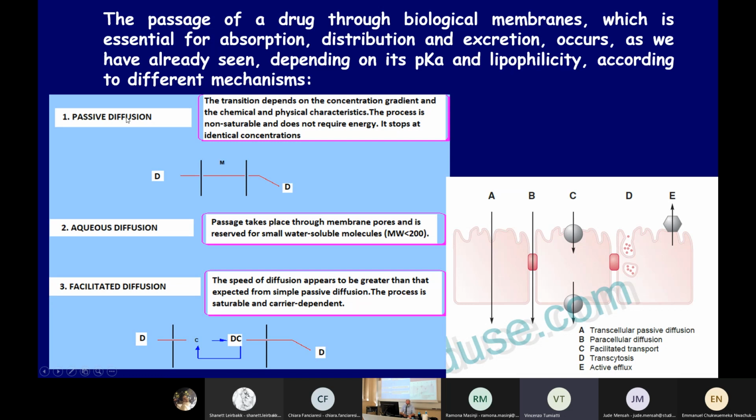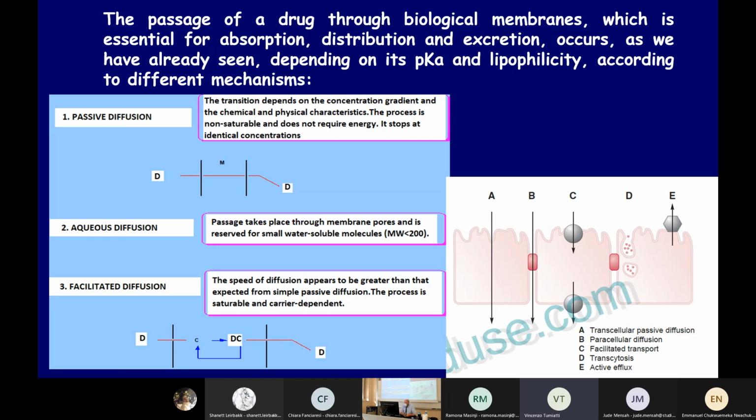But the main system is called passive diffusion. If we have a high concentration of drug outside the cell, this molecule can easily cross the membrane because in the cytoplasm the concentration is lower. Passive diffusion. No energy, no transport system, nothing.